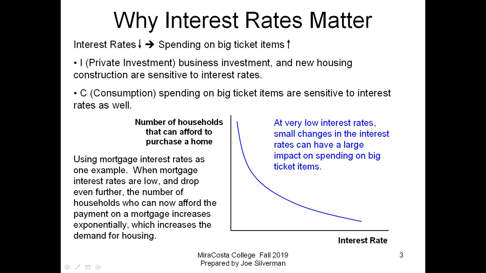If, on the other hand, the interest rate were 4% and it fell by 1/4%, then the increase in the number of people who could afford to buy a single family home goes up at a much faster rate than that. So small changes in the interest rate when the interest rate is low actually have a big effect on the number of people who will be able to repay a loan of any given amount.